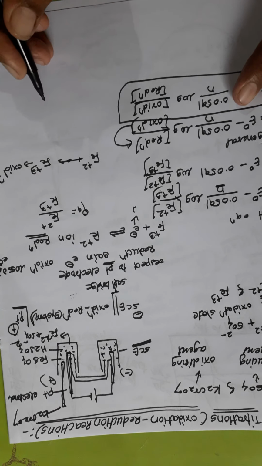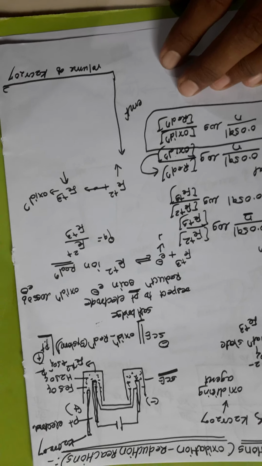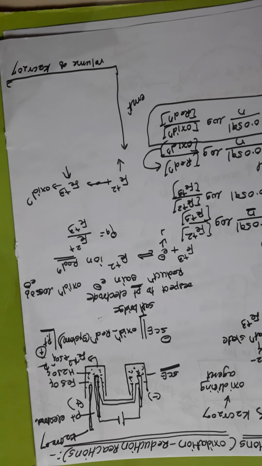Then how to represent it graphically? For the classical method, we plot volume of K2Cr2O7 against EMF, in potentiometric titration, to measure the EMF of the titration.